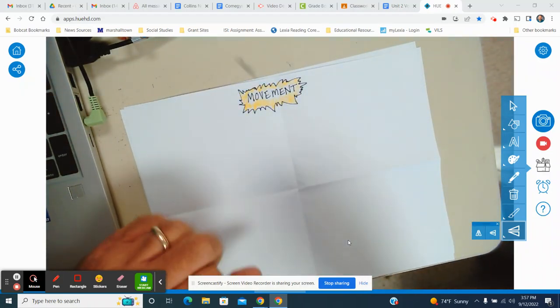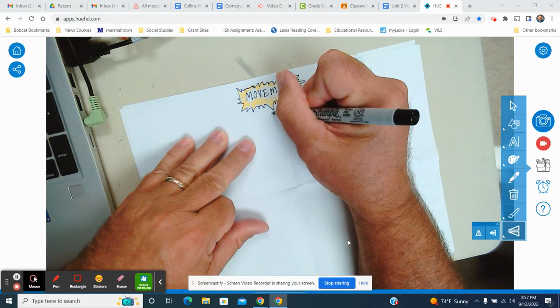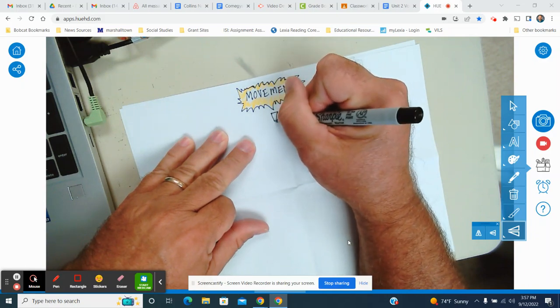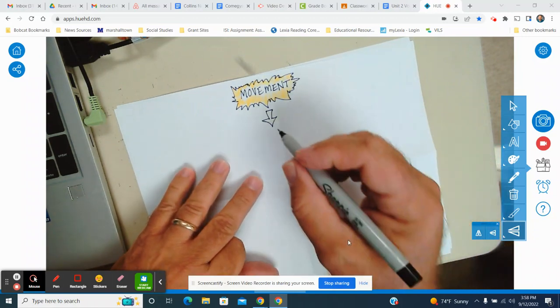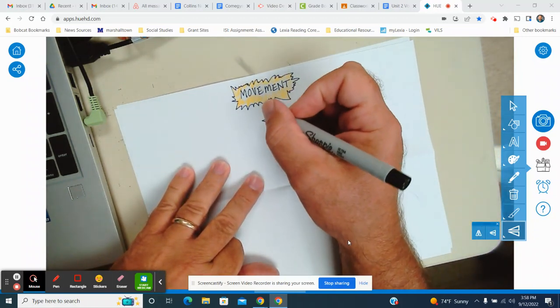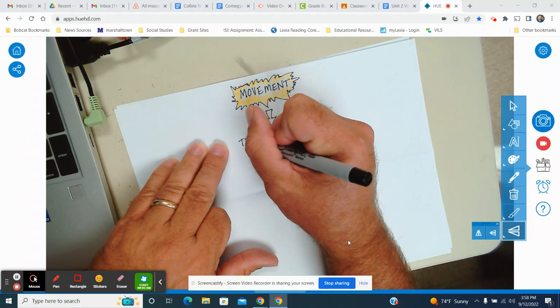and movement is one of the vocab words we want to pop off that page. And in case you don't know what movement is, and you don't have to have that fancy of an arrow, but movement is defined as this.